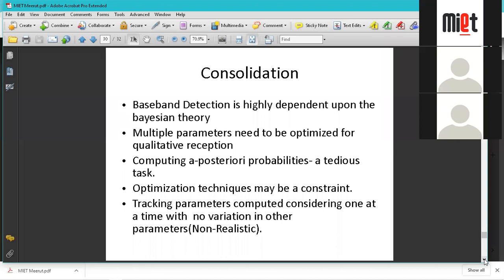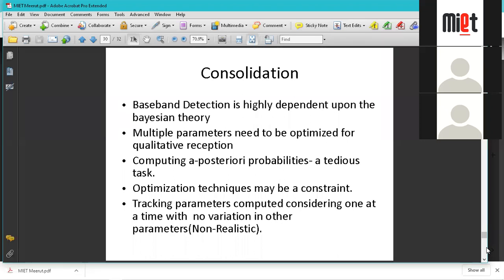The last is that tracking parameters are computed only by considering one at a time. This is what I had shown you in an equation where there were multiple parameters on which the same transmission depends.